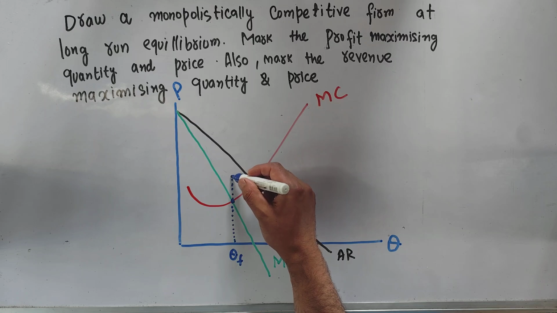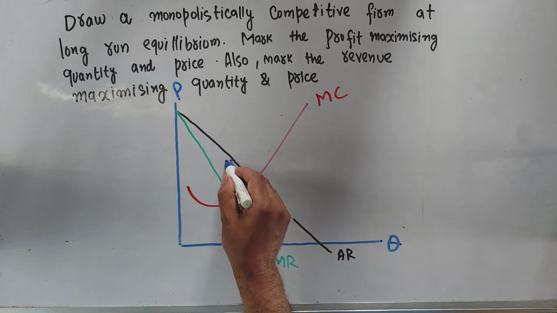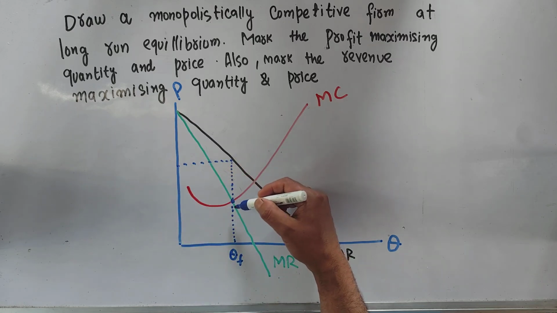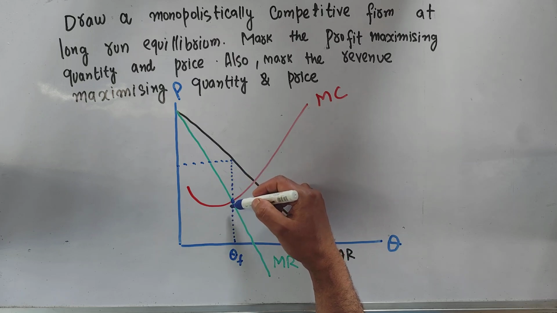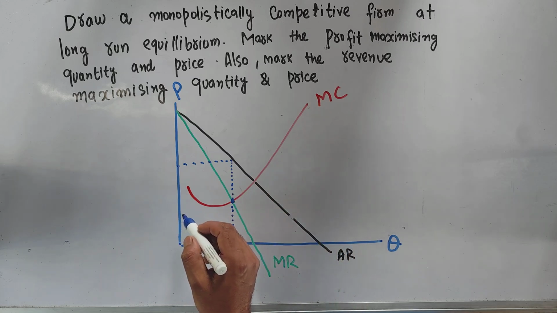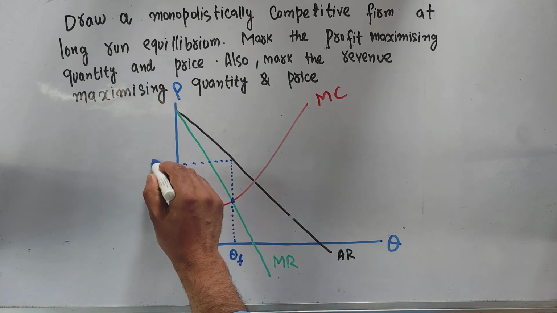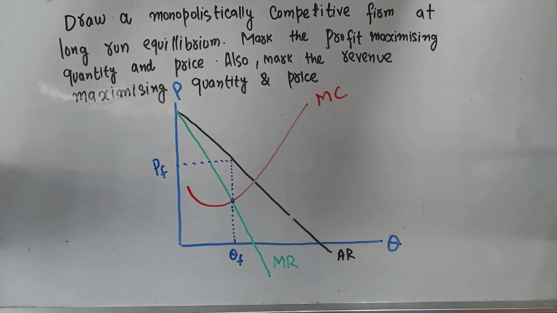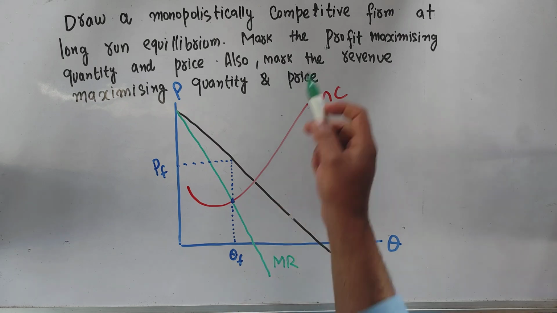So our equilibrium price will be above the point where the marginal cost and marginal revenue curves intersect, and that will give us the equilibrium price here.